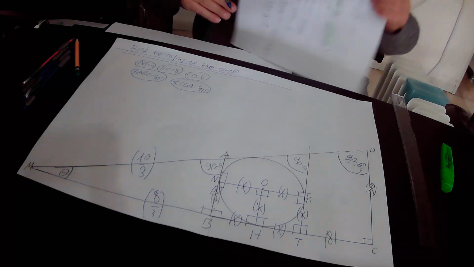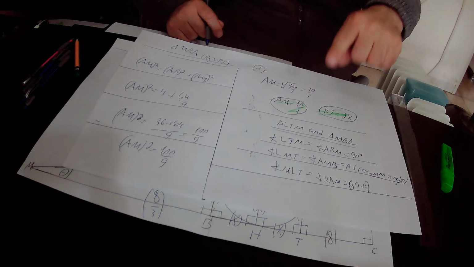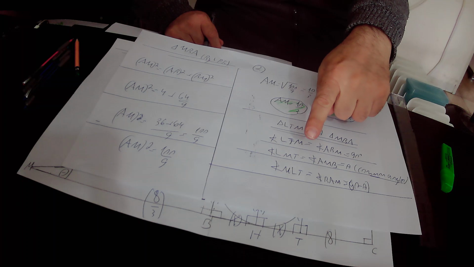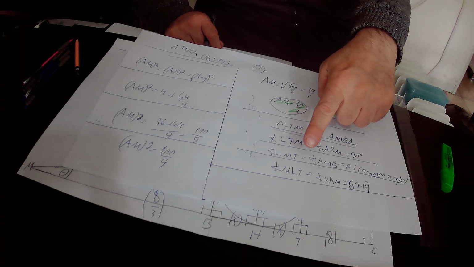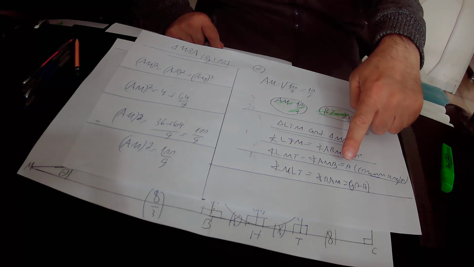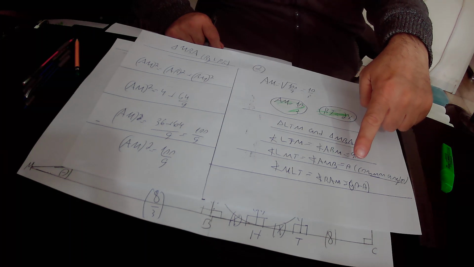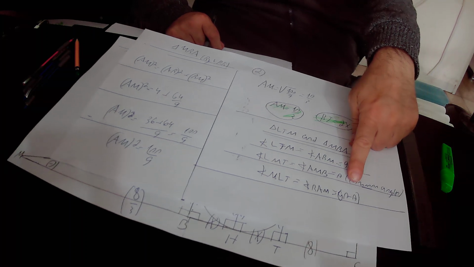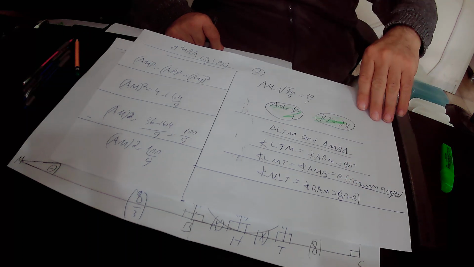Repeat again. Angle MLT in the big right triangle LTM equals angle BAM in the small right triangle MBA. They are both equal to 90 degrees minus theta, therefore they are equal to each other.